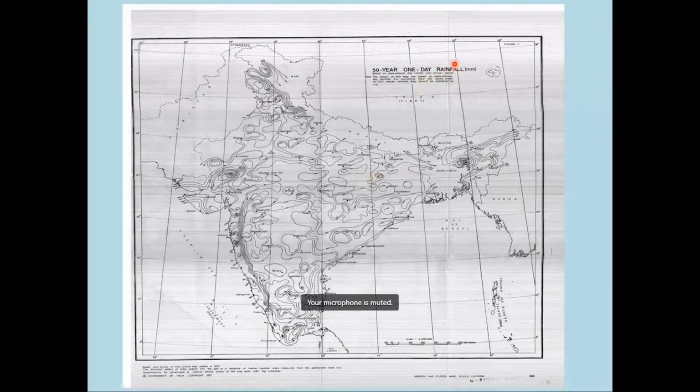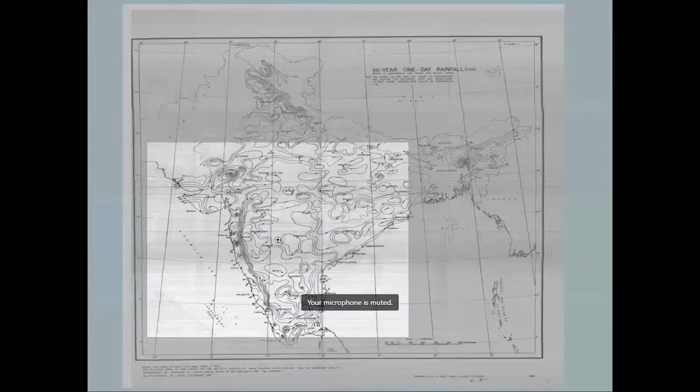Here you see that a small inscription has been given, and these lines which you are seeing are the isopluvial lines. Means these lines are showing the same rainfall. In case we want any area between these two lines, then we have to interpolate between these two isopluvial lines. I will just try to show you some figure.